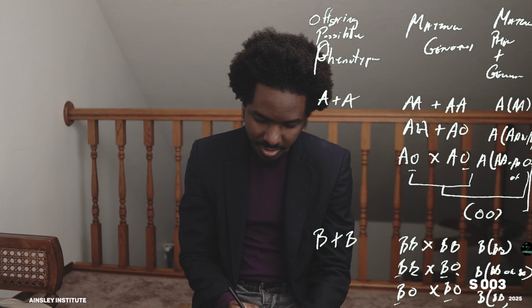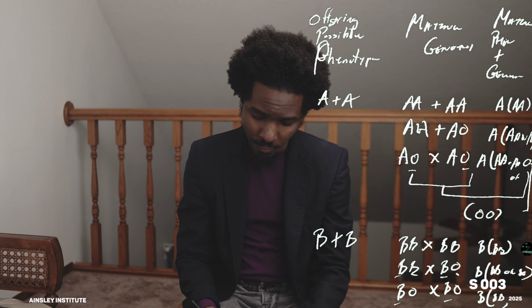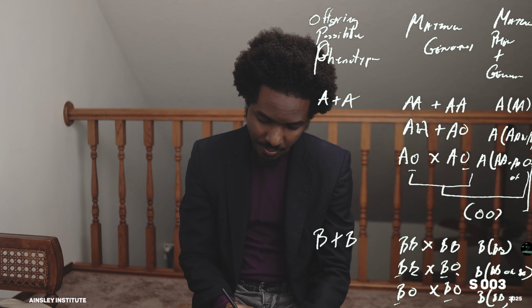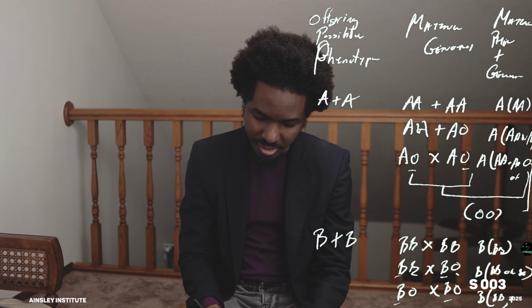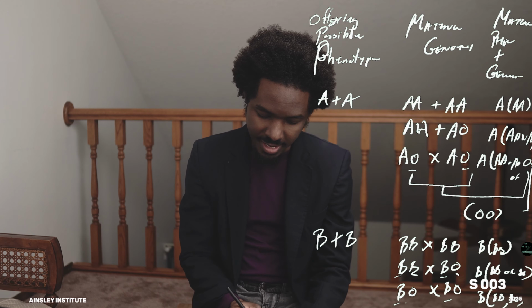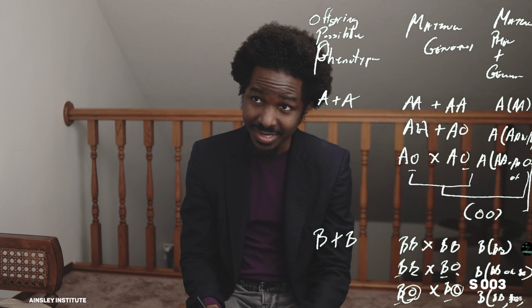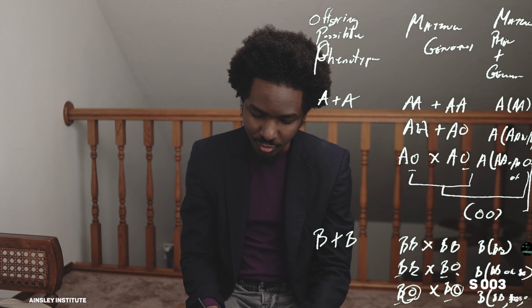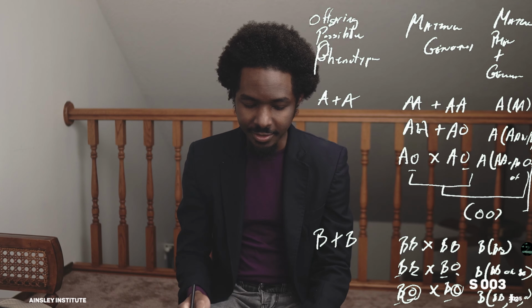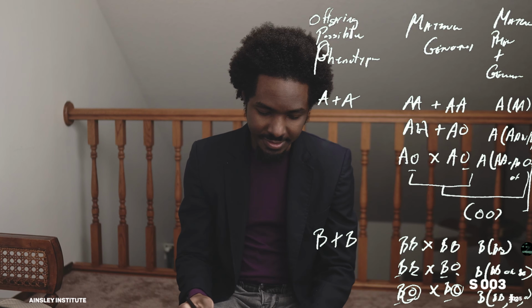This person can be BO, because we have BO, BO. And this person has O and O, so there is a possibility that this person could be an O.